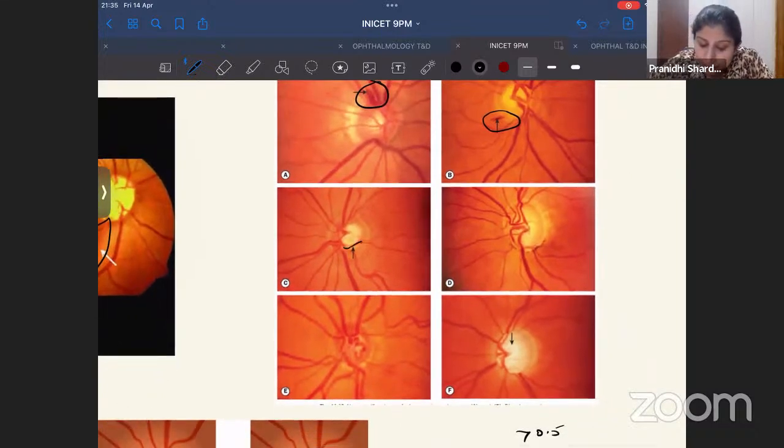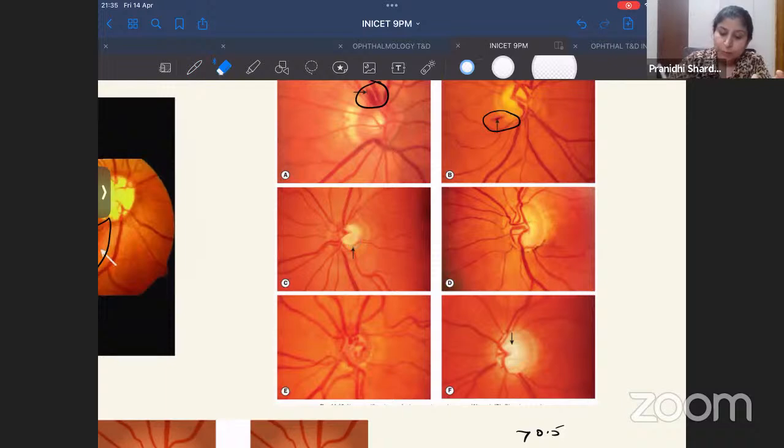This is the bearing of the vessels. What is happening in glaucoma? There is loss of tissue. So these horizontal vessels appear to be roaming freely, because in normal tissue they are supported behind by healthy tissue.